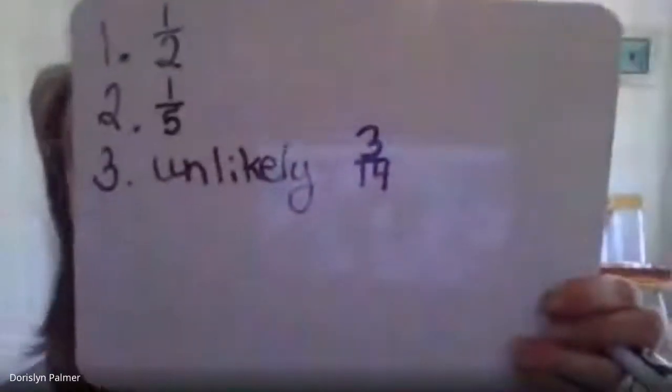I didn't write that down. Oh, okay. Well, let's think about it. Less than 7, and it's from 4 to 14. So 4, 5, and 6 are outcomes we want. So we have 3 things we want to happen. How many possible? So 4, 5, 6, 7, 8, 9, 10, 11, 12, 13, 14. So we have a 3 out of 14 chance of picking something less than 7.